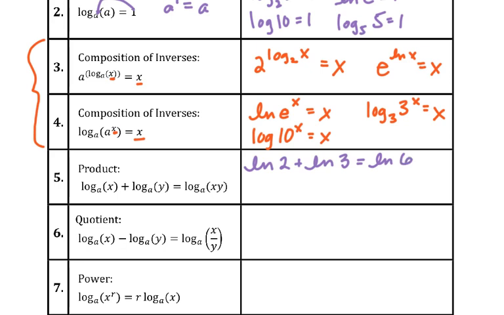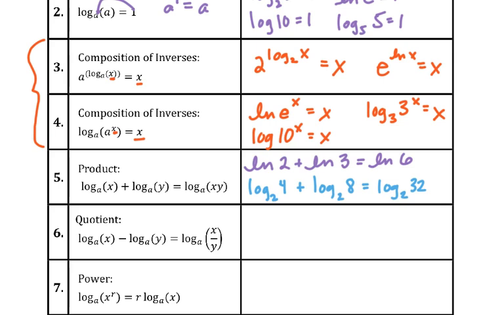Another way we could think about this would be if I wrote log base 2 of 4 plus log base 2 of 8. So again, we're adding those two logs. That's going to equal log base 2 of 32.